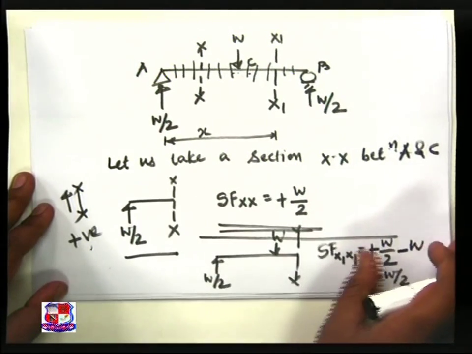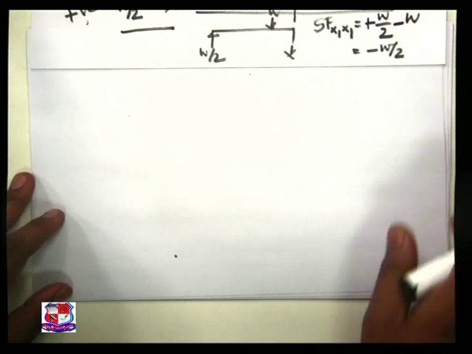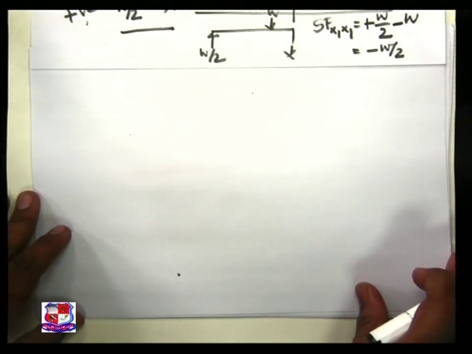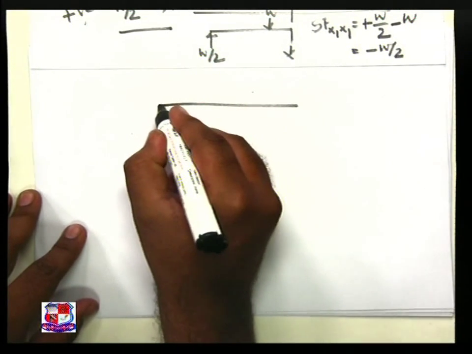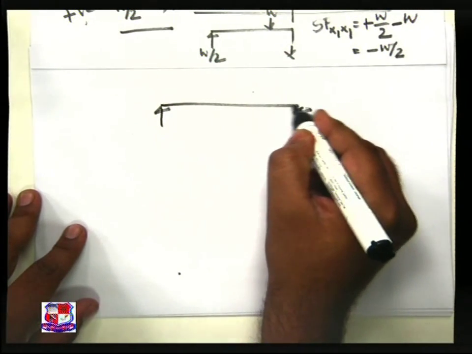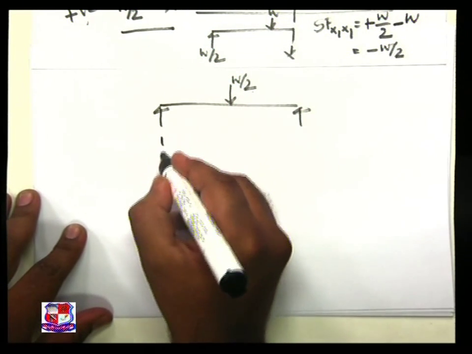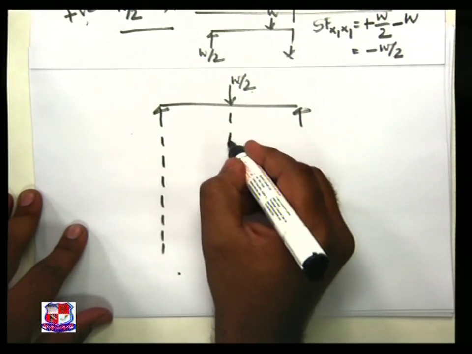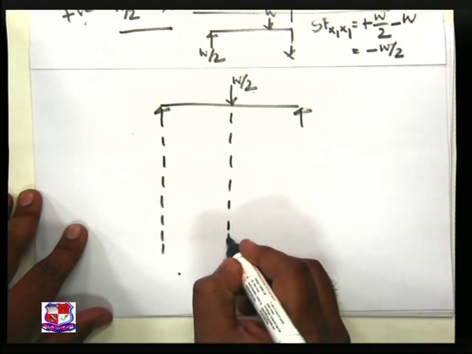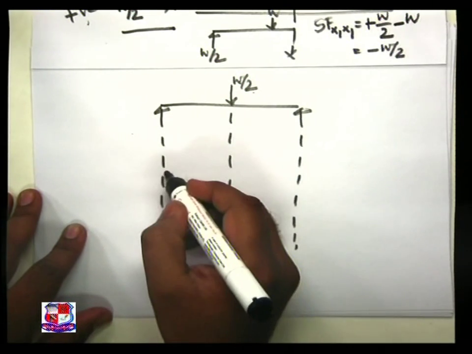So now let us plot this shear force variation in terms of shear force diagram. Given beam is a simply supported beam. It is a preliminary thing that you have to plot dotted lines below all the loads or after all the important points.